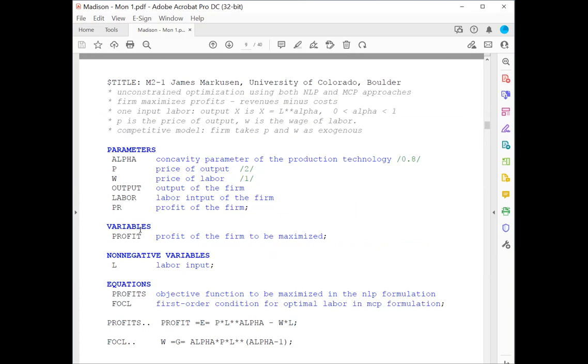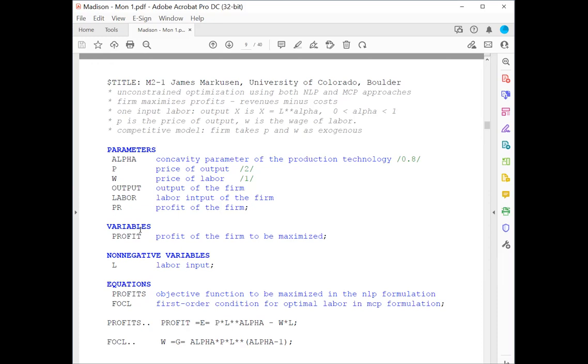I really like GAMS because it seems so straightforward. Maybe that's because I grew up with Fortran programming. You write out equations in ASCII character sets in a very straightforward way, just like you would write them down on pencil and paper.